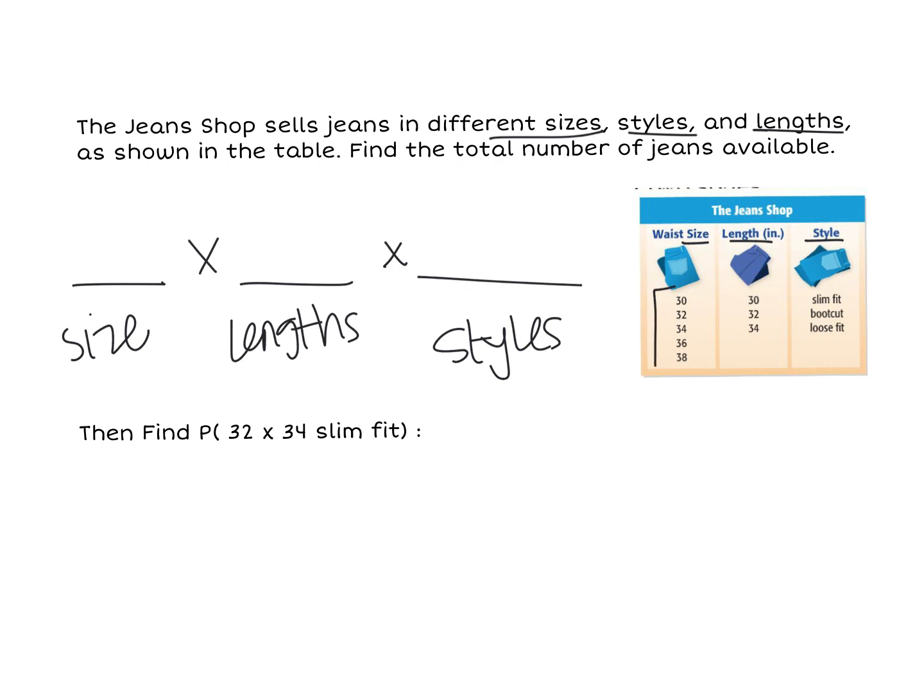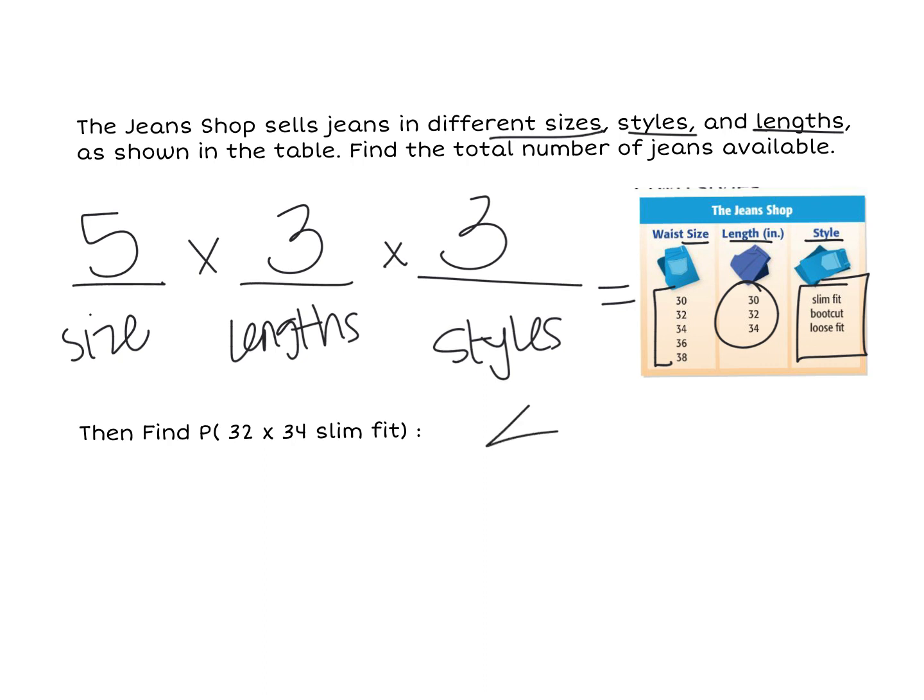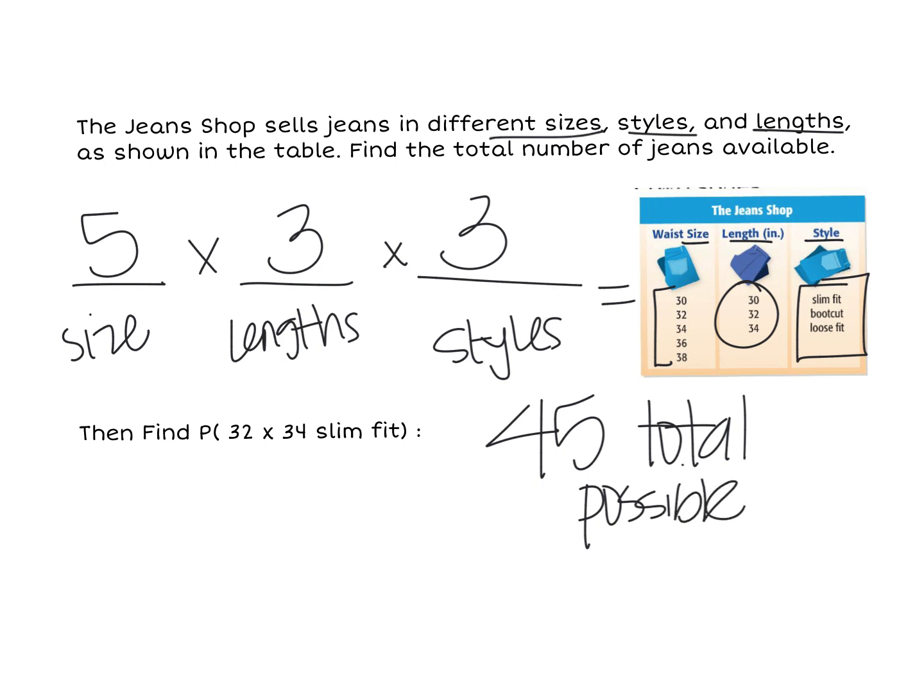So we can see that there's 1, 2, 3, 4, 5 different sizes, and then 3 different lengths, and then 3 different styles. So then we just multiply that together. 5 times 3 is 15, times 3 would be 45 total possible, and we could say total number of jeans or just outcomes.